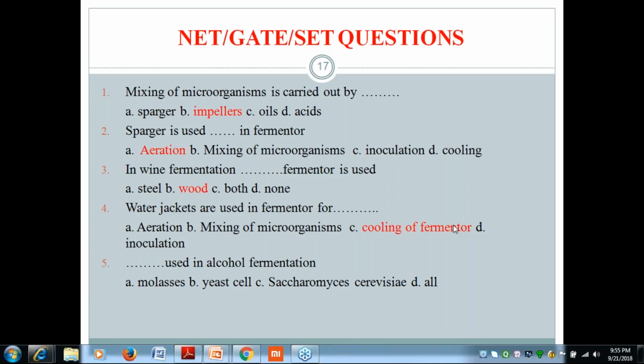What is the answer? Venkatesh is saying D. Yes, it's correct. In alcohol fermentation we use molasses as a substrate, yeast cell, and Saccharomyces cerevisiae is nothing but yeast cell.